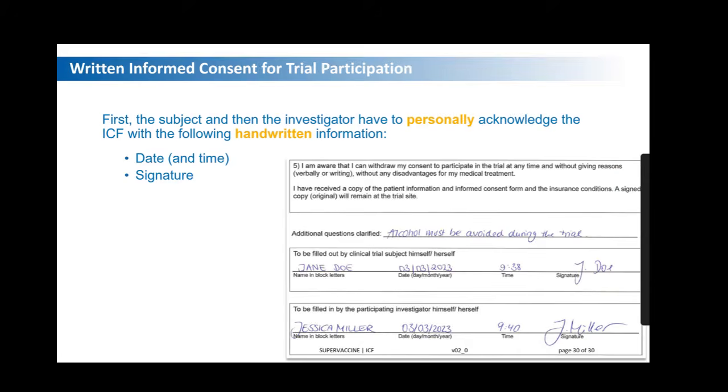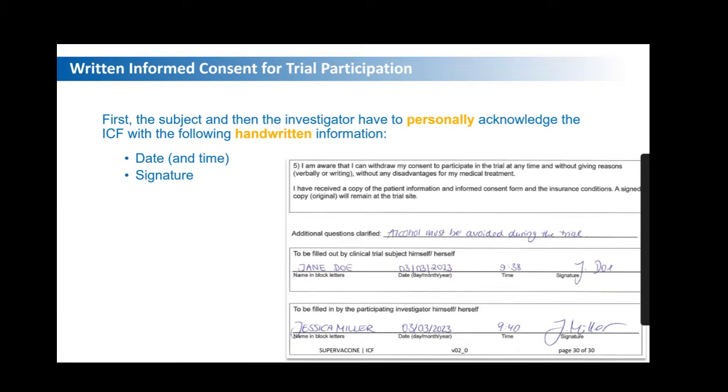And sometimes it's also requested to note down the time, which is, again, usually dependent on your study design and the actual protocol specifics, but this may be needed to prove that the subject has signed as the first person.